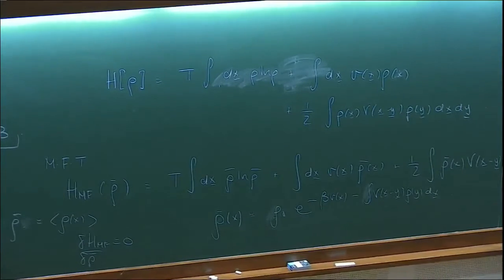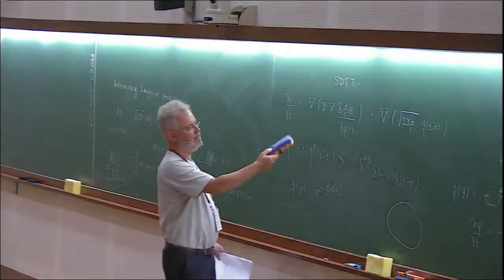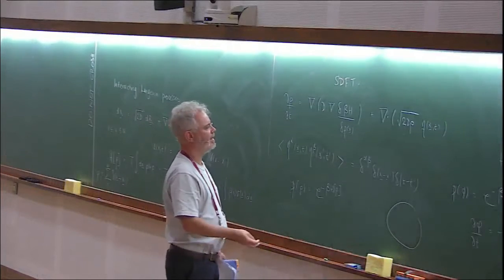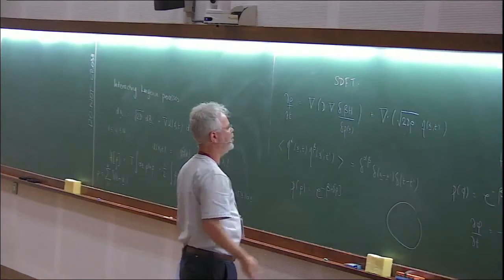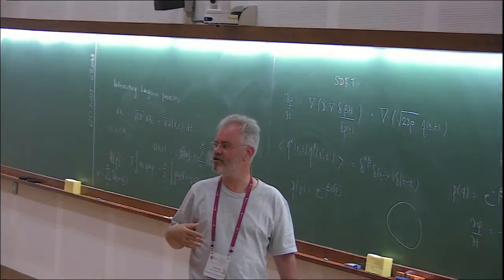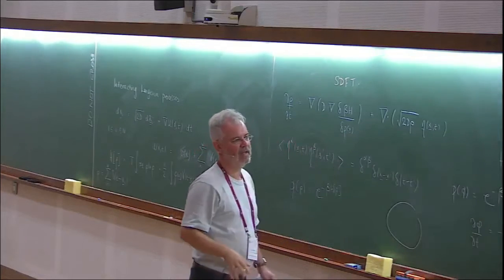When these types of equations were first derived, the people in chemical physics didn't like the noise. So they were throwing the noise term away, and they were trying to write down what is called dynamical density functional theory, which is partly the starting point.